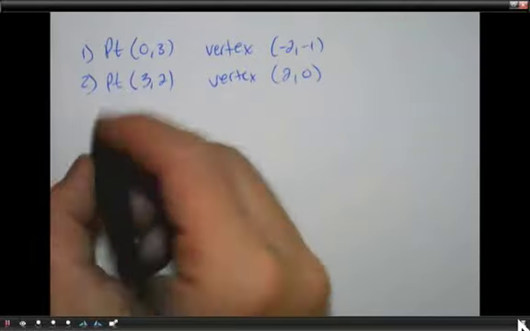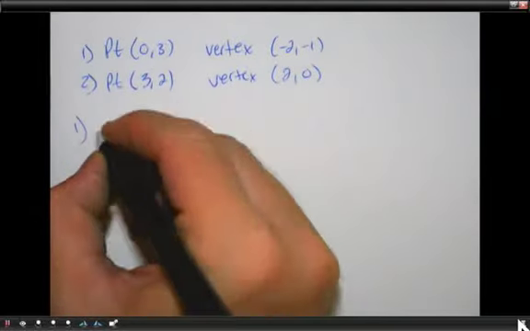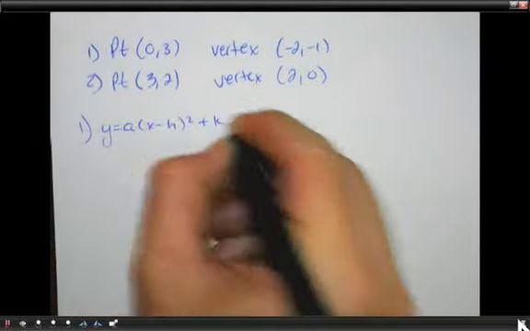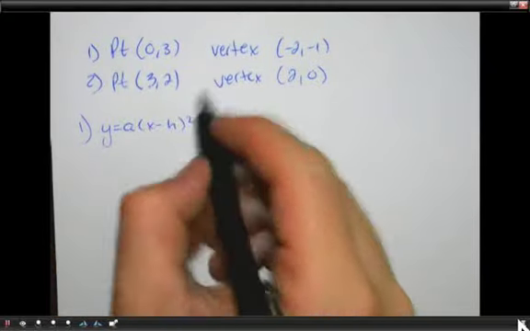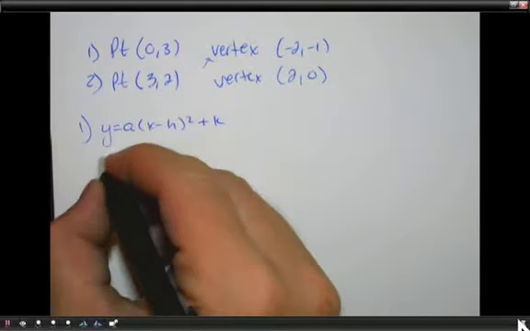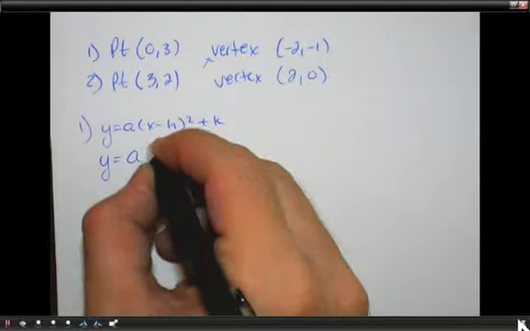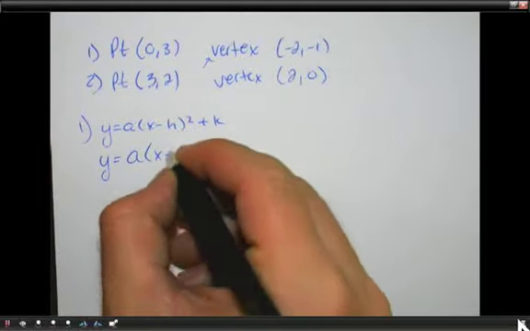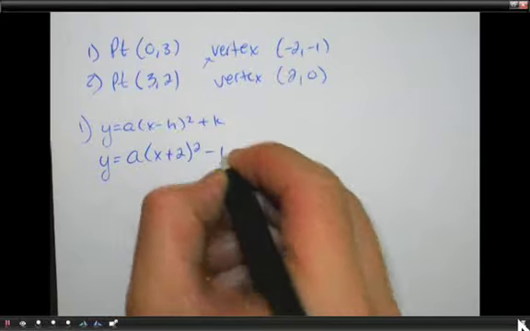So problem 1, we're just going to look at, okay, well, y equals a times x minus h squared plus k. We're going to start with that because we're given the vertex. So I'm just going to start with what's given. X minus negative 2, right? My vertex, negative 2. So it's going to be x plus 2 squared minus 1.